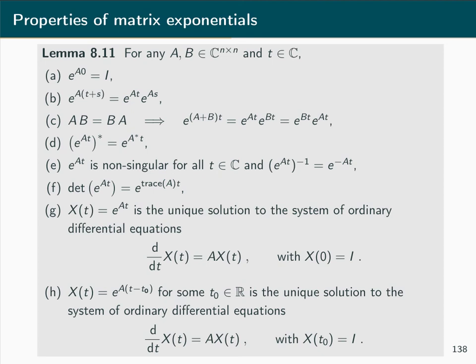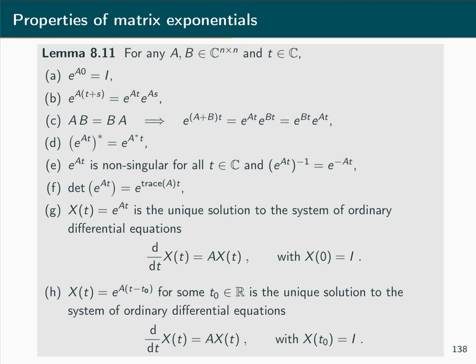This would be equivalent to the scalar case where e to the 0 is equal to 1. Then in B, we have that e to the A times (t plus s), where t plus s are two scalars, is equal to e to the At times e to the As, again analogous to the scalar case.